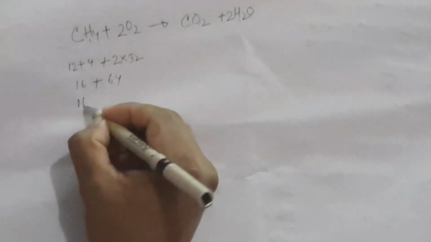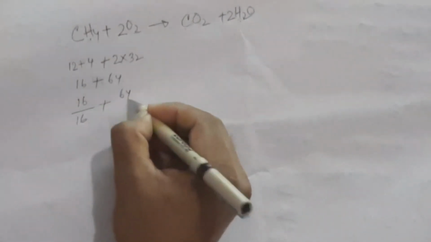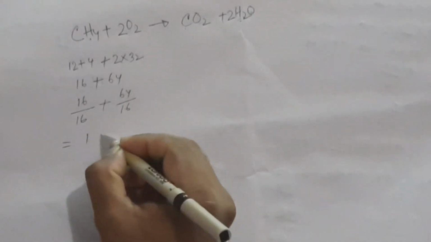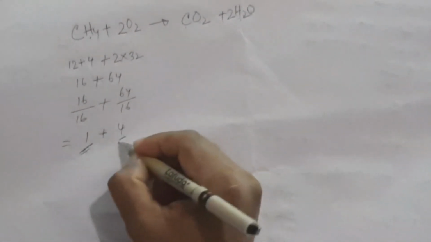If I divide by 16, 16 divided by 16 plus 64 divided by 16, so 1 plus 4. If you calculate 64 by 16, it comes to 4. So by this way, for 1 mole methane, 4 mole oxygen are required, as per this theoretical reaction.